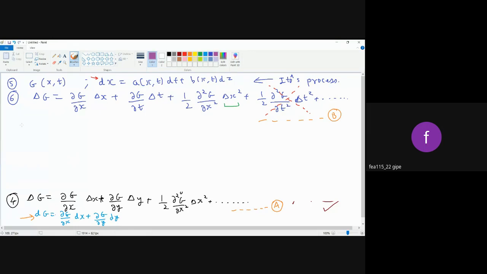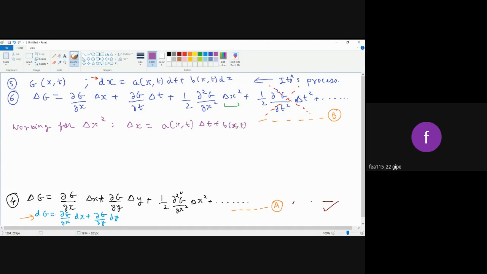So firstly, let me write dx in this form. I am just working toward delta x square. To do that, I will define my equation for delta x as a(x,t) delta t plus b(x,t) epsilon root delta t. Let me keep the x and t for now, I'll drop them later so that I don't have to write too much.